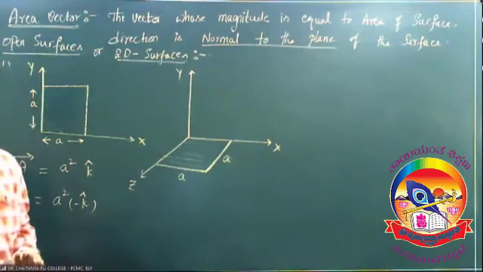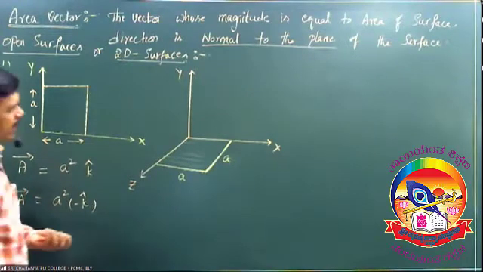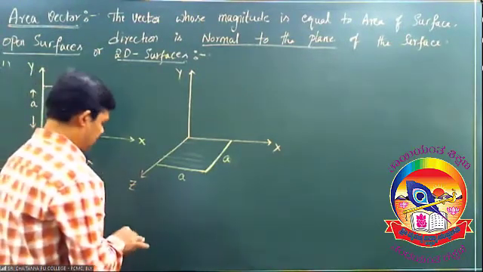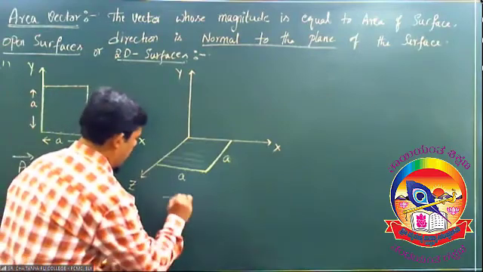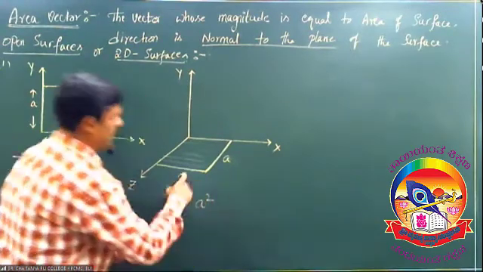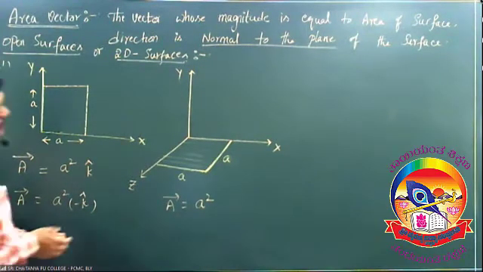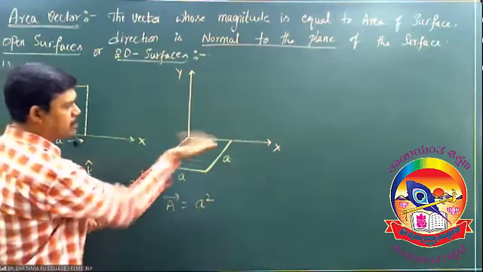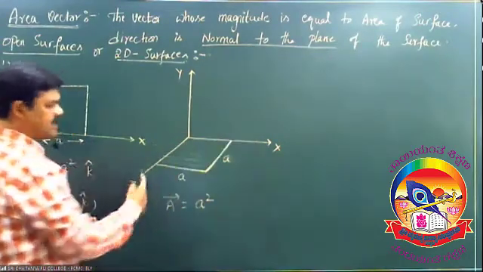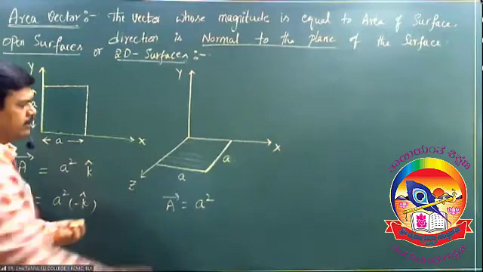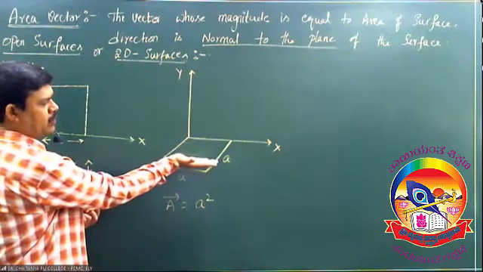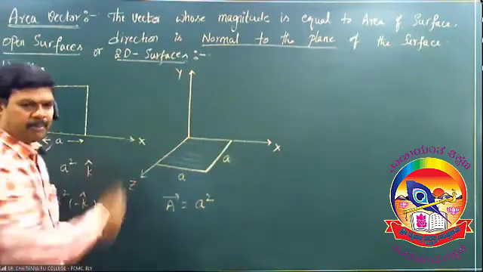What we have to see: the area vector A bar, its magnitude is A square. What is the direction? For finding the direction, we have to see in which plane it is. Whatever surface we took is in the XZ plane.